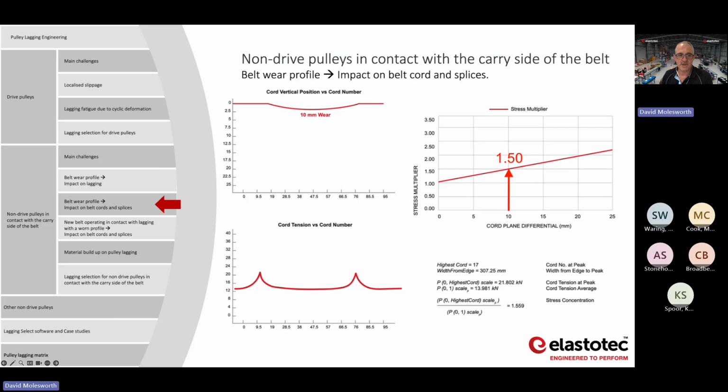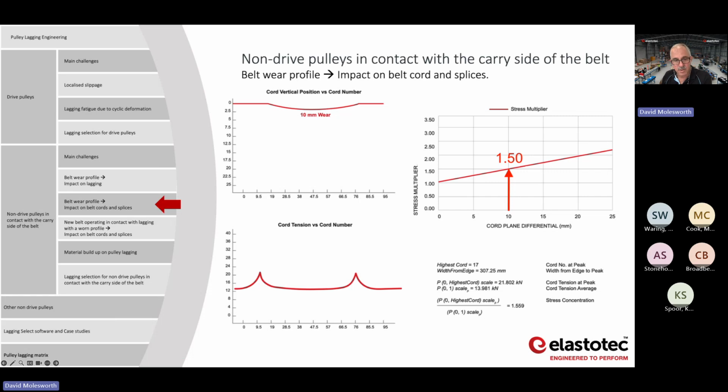So these graphs are where we have 10 millimeters of chord plane differential. So we have our little graph with the localized shear stress on the edges of the wear area.